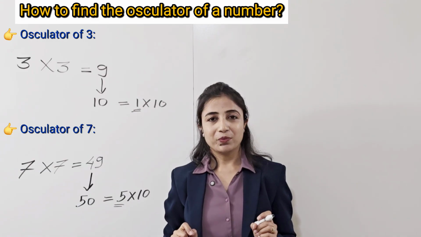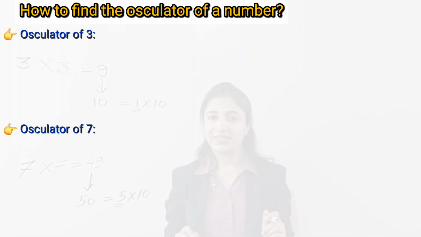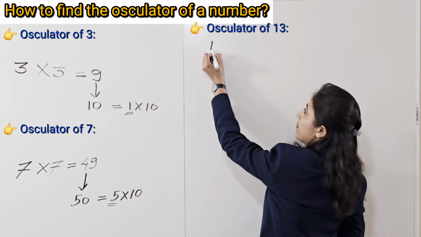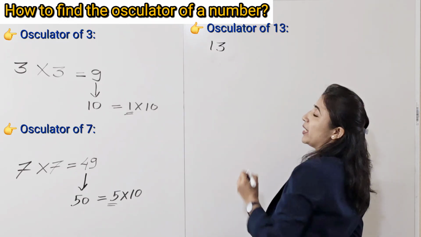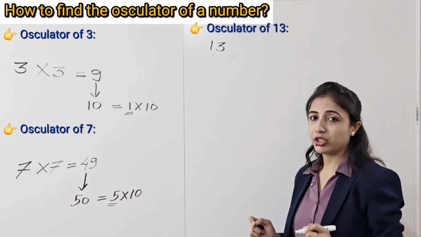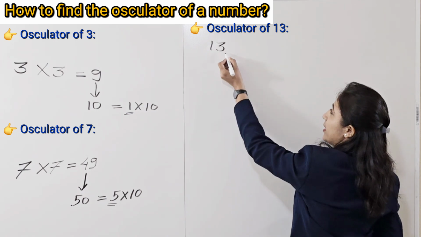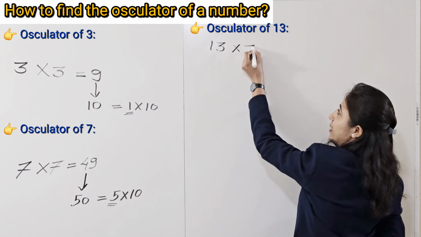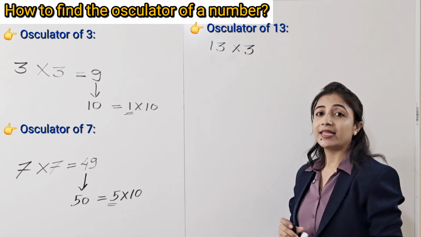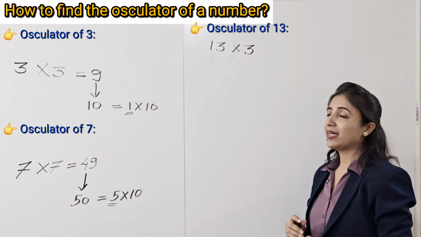Pause the video for a moment and try for 13. Check the steps. For 13, which number should I multiply so that the product ends with 9? You have to check the smallest number. For 13 you have to take 3. 3 is the smallest number which, multiplied by 13, gives a product ending with 9.